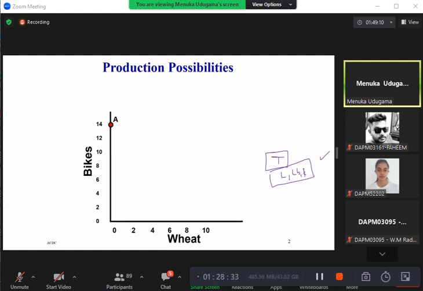Now let's assume that this firm wants to produce wheat, right? Then let's take one resource out. Let's take labor. Now, using all the labor that we have in the company, we would want to produce 2 units of wheat.